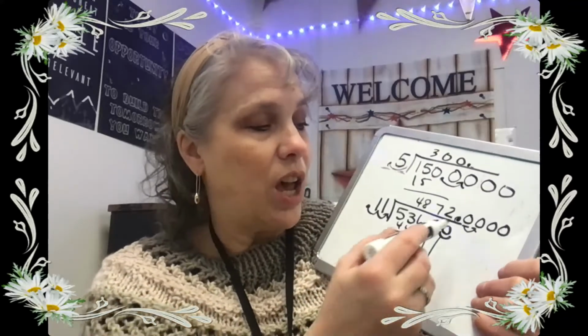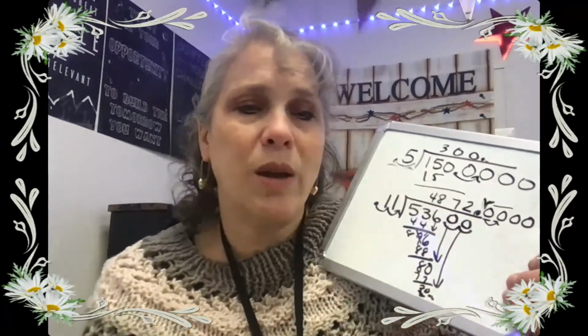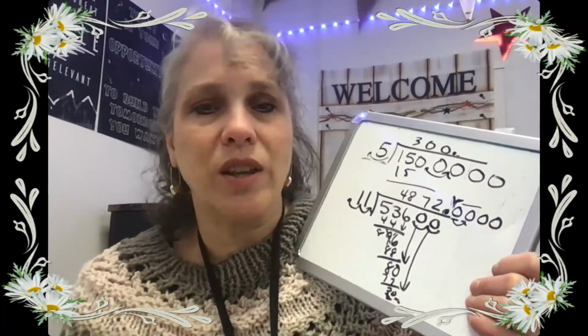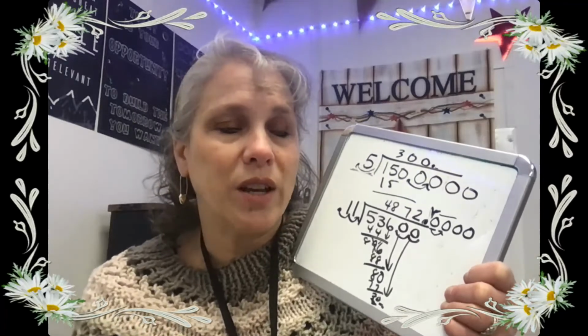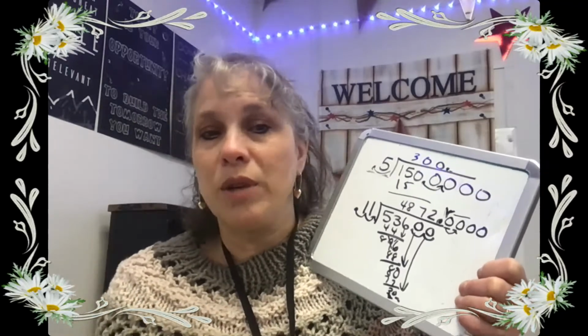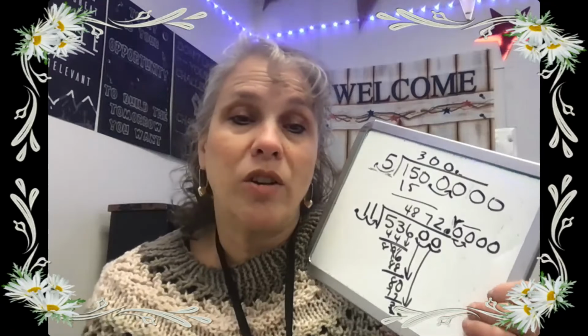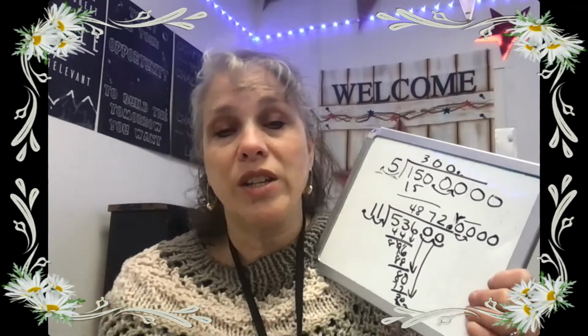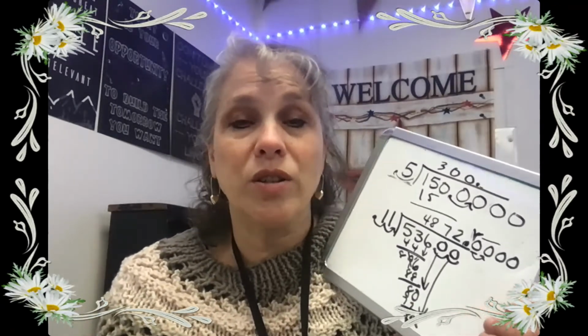You could just say a remainder of whatever. Sometimes you have to go back and look at the directions. Are they telling me to round off to a decimal place? Are they telling me to leave the remainder as a fraction? Are they telling me to round off to the nearest 1? So you go back and read the directions. But that's all there is to it.